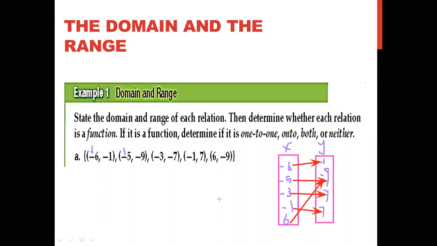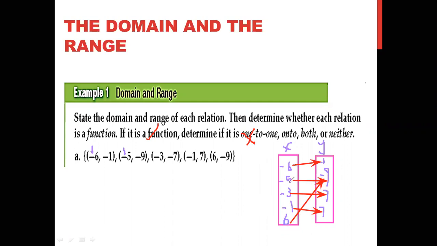Now, is this a function or not a function? The answer, of course, is that this is a function because each element in the set of x is paired with an element in y. That's it. This is a function. Is this one-to-one? Of course not. This is not one-to-one because I have number 6 paired with number -9.